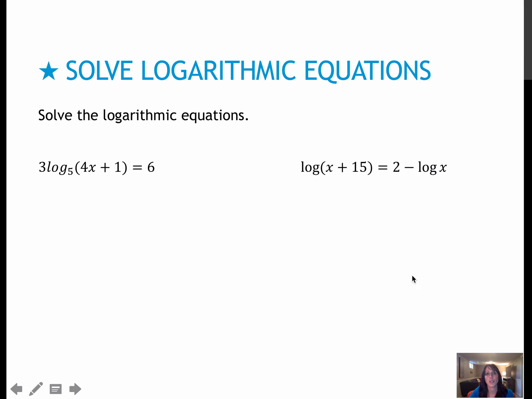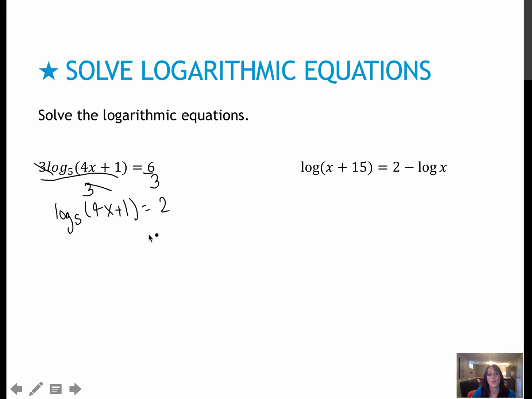Here are the other two questions. If you haven't had a chance to finish these yet, press pause, then press play to check your work. This question, I've got a 3 out front, and so whenever I have a value out front, it's actually easier to go ahead and divide each side by 3 rather than turn it into an exponent. So I've got log base 5 of 4x plus 1 equals 2.